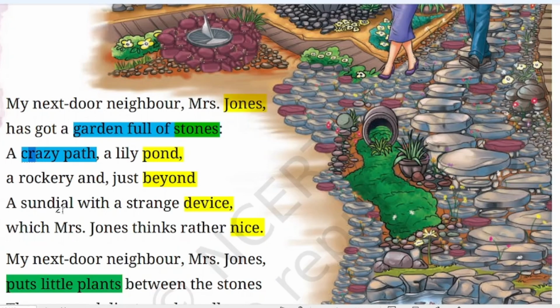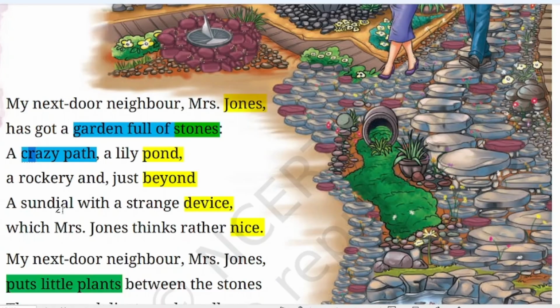So this poem shows us that everyone sees beauty differently. Maybe you are interested in flowers, some may be interested in leafy plants, others in bougainvillea. So this Mrs. Jones is interested in small tiny plants, and her garden is full of crazy paths, tiny flowers and stones.